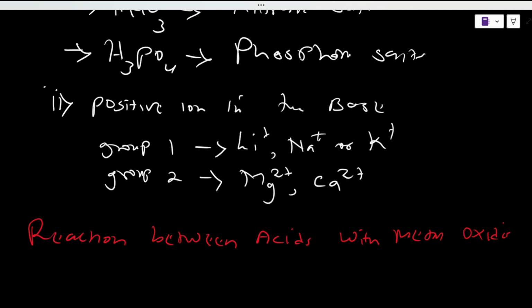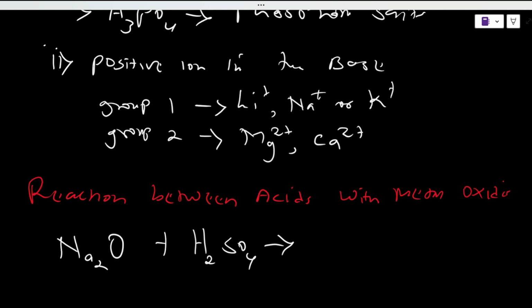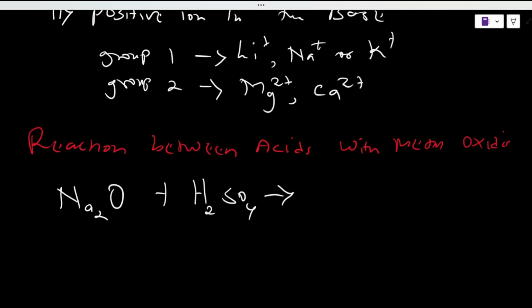And here I'm going to do various examples so that you can see what is happening. Imagine a situation whereby I'm reacting sodium oxide with sulfuric acid. I will form sodium sulfate plus water.